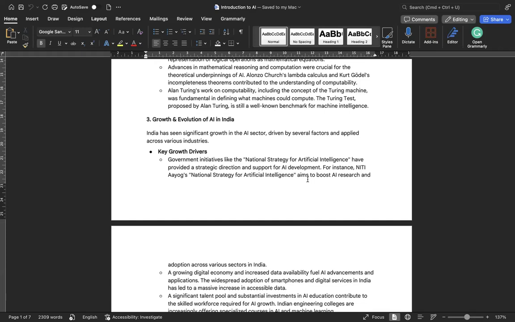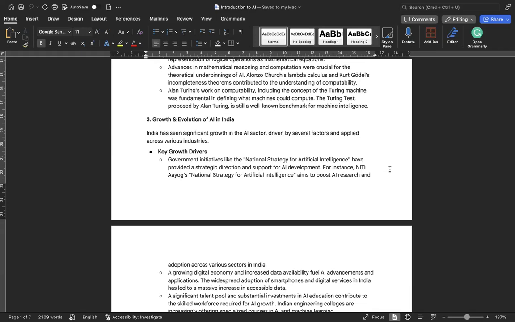The first point listed is government initiatives like the National Strategy for Artificial Intelligence, which have provided strategic direction and support for AI development. For instance, NITI Aayog's National Strategy for Artificial Intelligence aims to boost AI research and adoption across various sectors in India. These are key growth drivers.